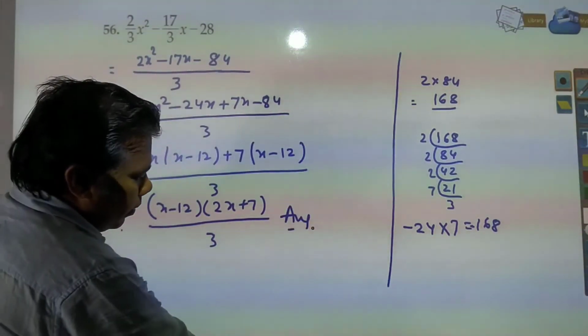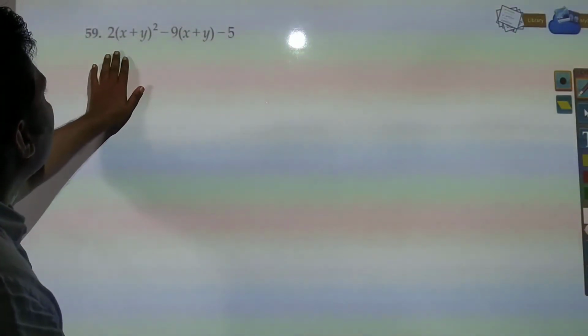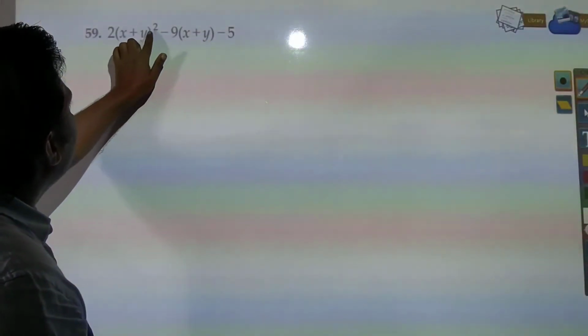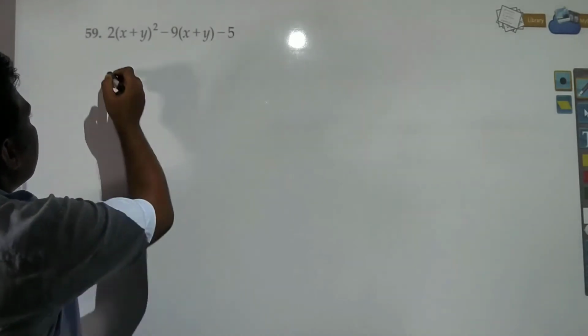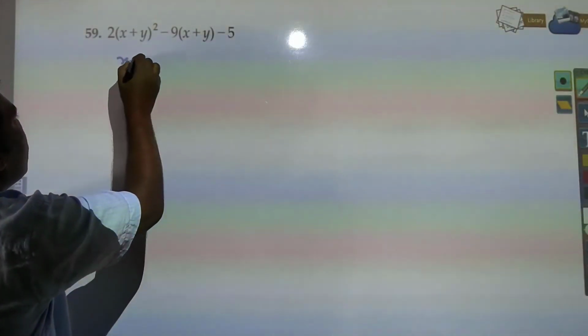Next we will see this type of question, which was already solved in an example. If you have (2x + y)² − 9(x + y) − 5, it can be done. You need to assume x + y.